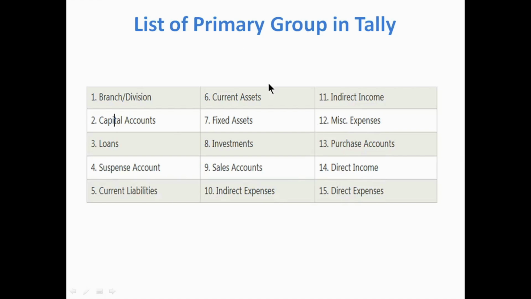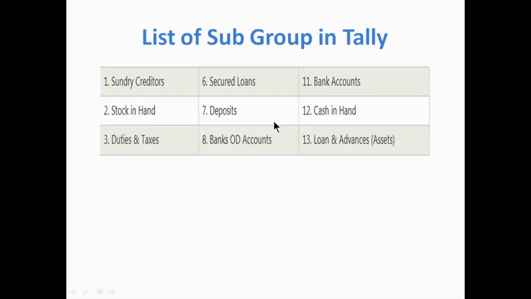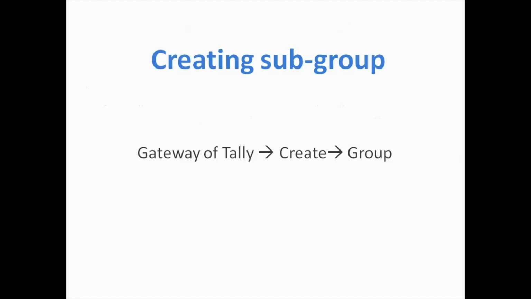These are the primary groups in Tally. And subgroups are 13. Those are sundry creditors, stock in hand, duties and taxes, secured loan, deposits, bank OD, bank account, cash in hand, loans and advances, assets. So these are the 28 groups available in chart of accounts.